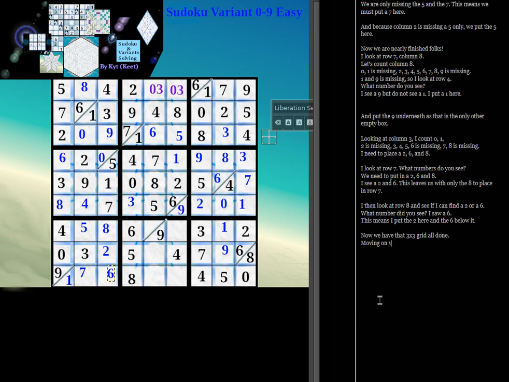Moving on over to column 6, I still have my markings of 0 and 3.